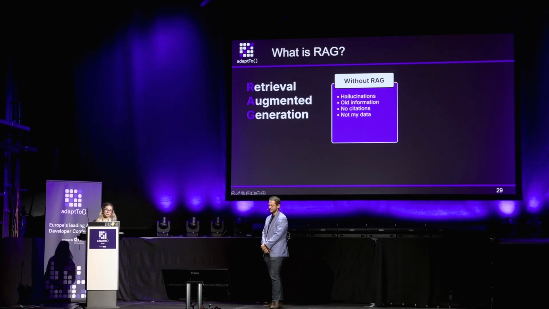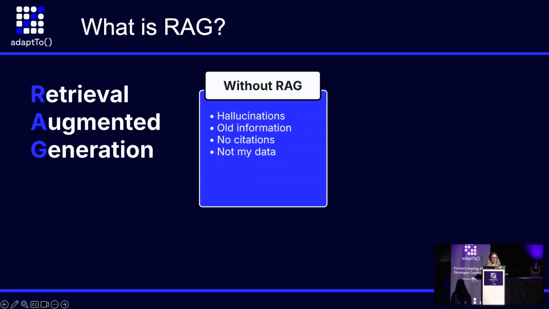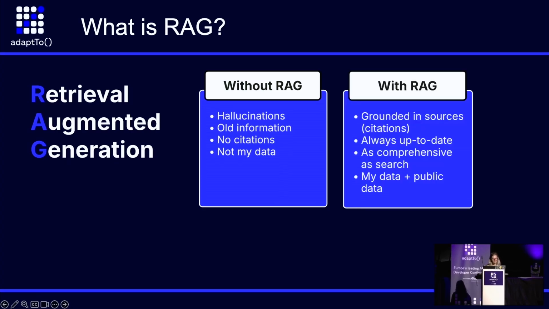Without RAG, you would see in your LLM output sometimes hallucinations, all the information from the training data, no citations at all, and not my data, not my customer's data. But with RAG, we have grounded answers with sources and citations, and the answer is always up to date.